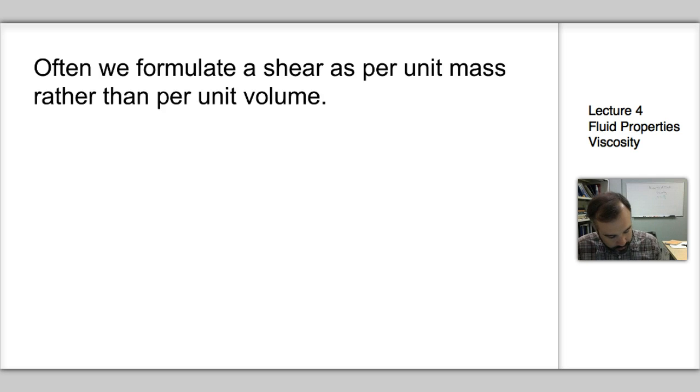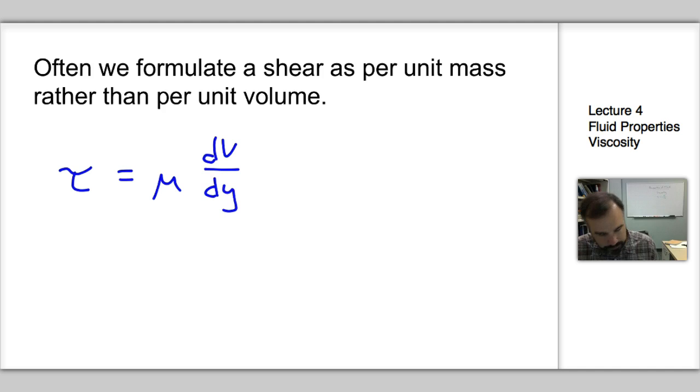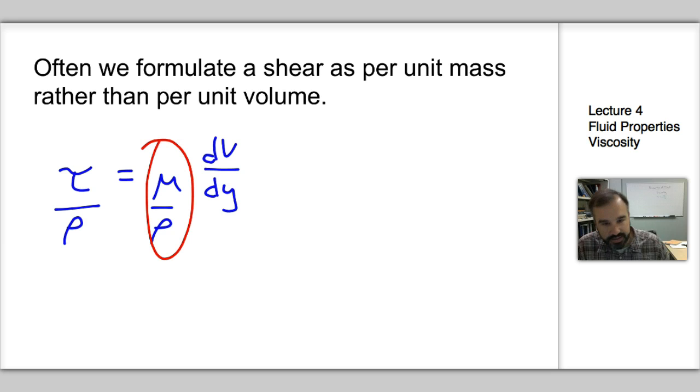So from before we said tau is equal to mu times dV over dy. To convert from per unit volume to per unit mass, we can divide by the density. So if we divide both sides by rho, we end up with a new quantity, mu over rho, which we're going to end up using quite a bit.